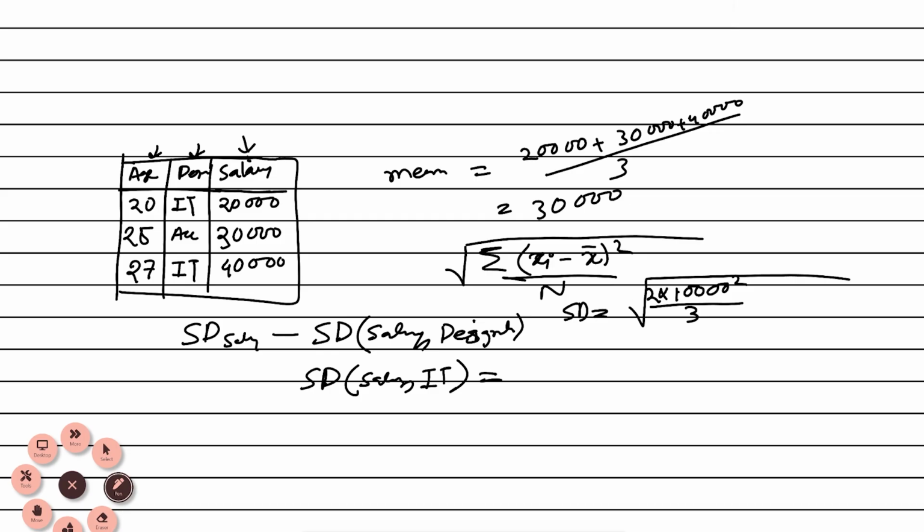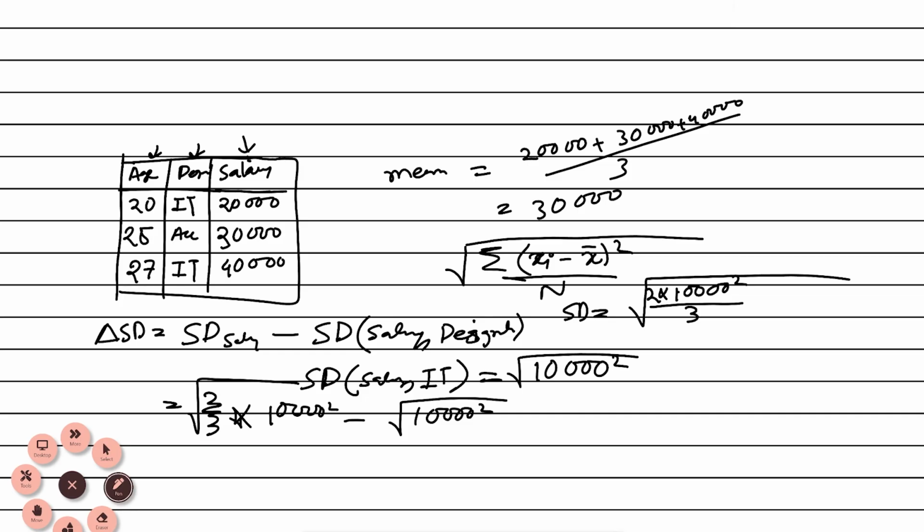So it will be around 10,000. Okay. So once you have these 2 values, you can straight away calculate the change in the standard deviation, which is just the difference of these 2 values. So square root of 2 by 3 into 10,000 minus this root of 10,000 squared.